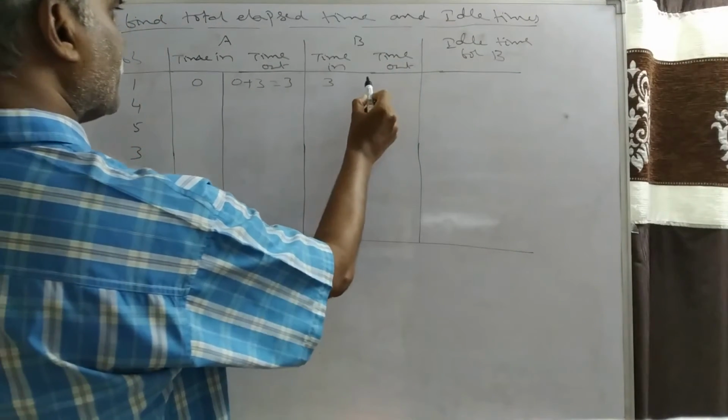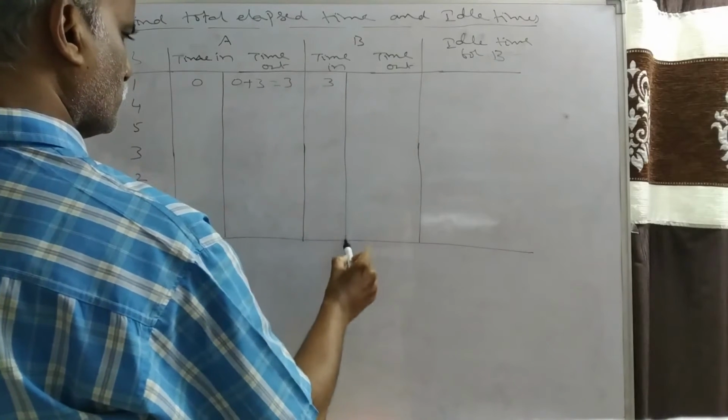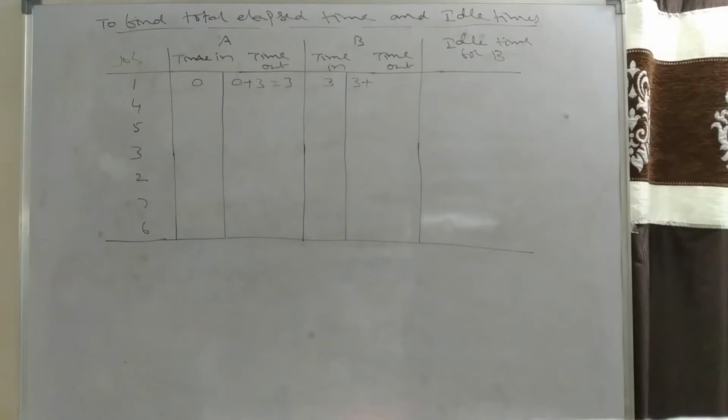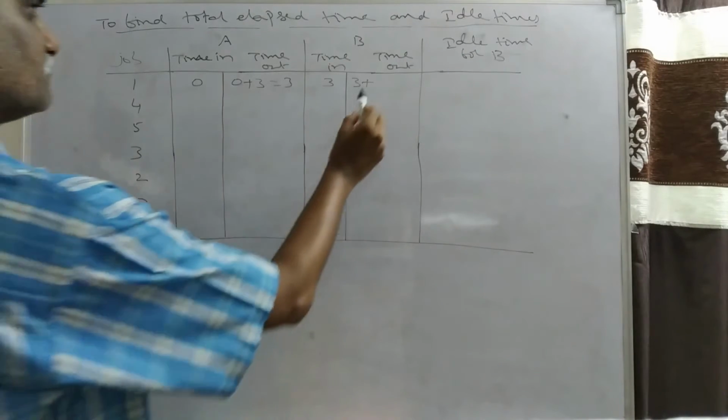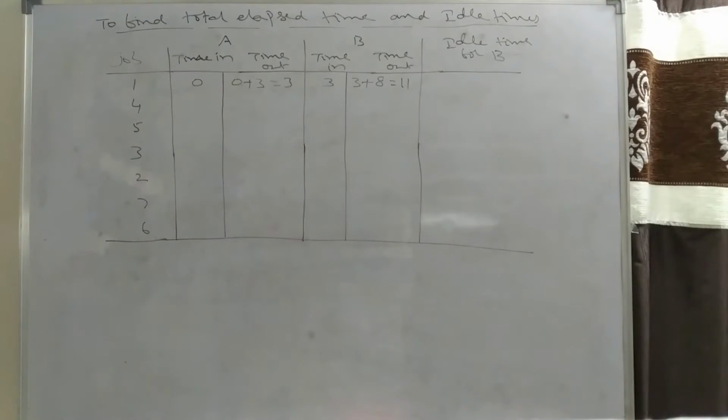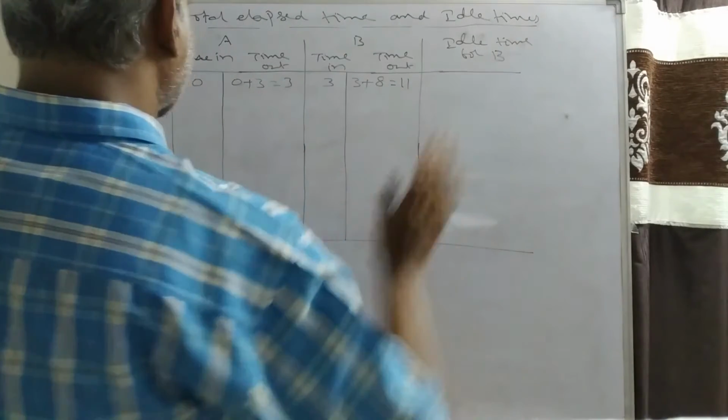Next, time out on mission B is starting time 3 plus duration of job 1 on B, which is 8. That is 11. So we calculate idle time for B later.